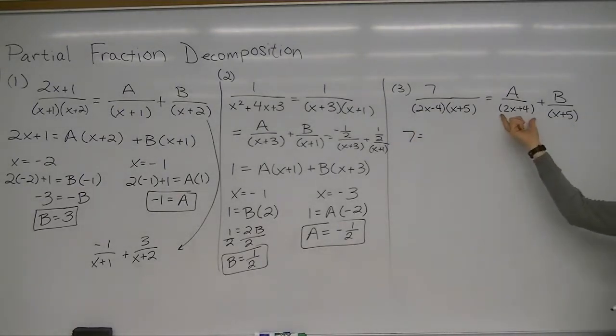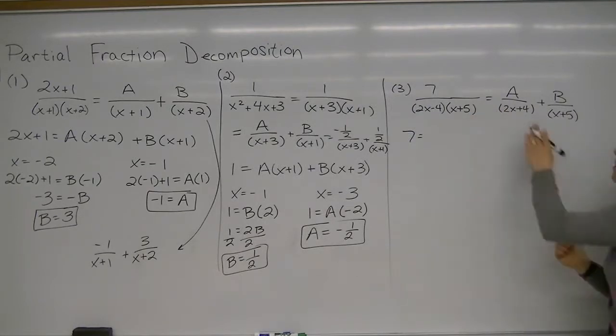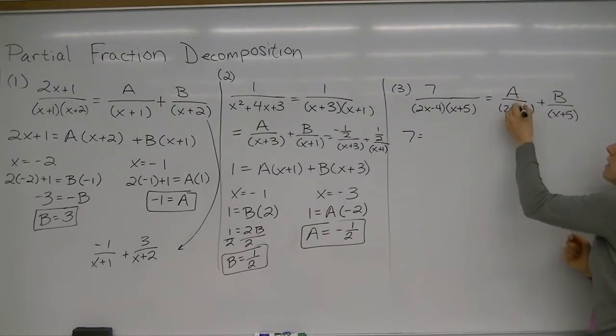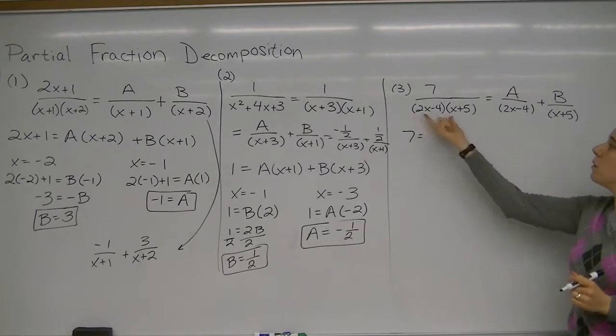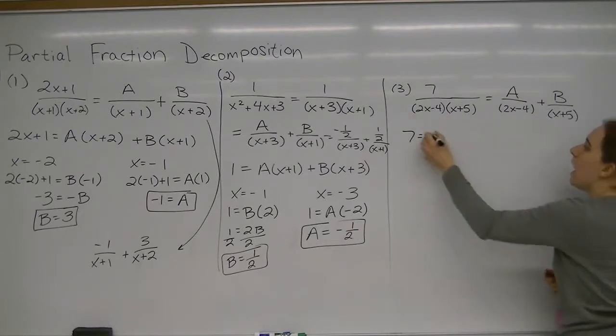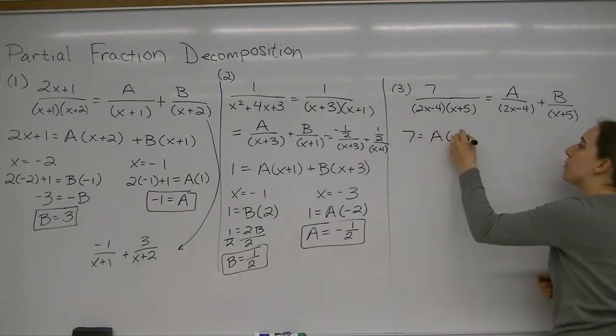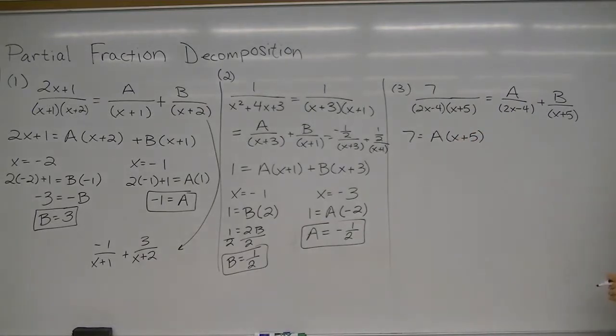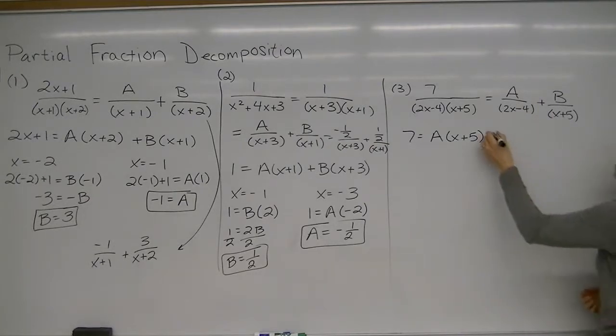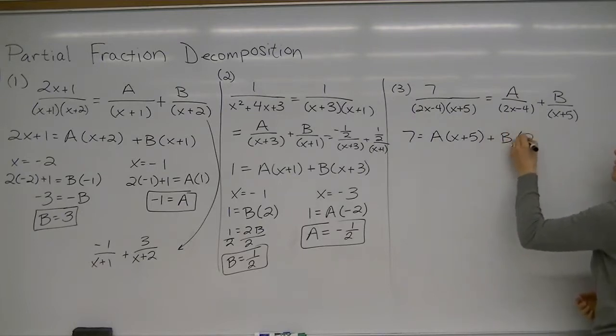Now I take this first piece, the 2x minus 4, excuse me. The 2x minus 4 will cancel with the 2x minus 4. I'm just left with an a times x plus 5. And then with the second piece, the x plus 5's will cancel. I'm left with a b times 2x minus 4.